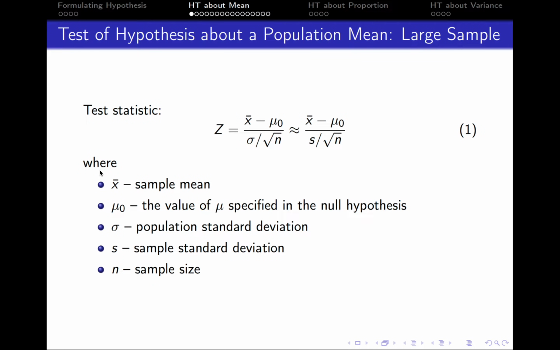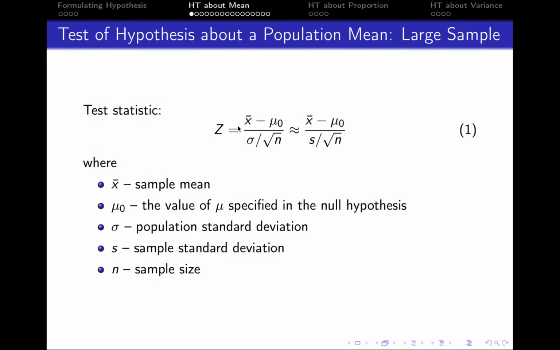Let's see how test of hypothesis can be done about a population mean when we have a large sample. To do that, we need to estimate the so-called test statistic, and for the case of population mean large sample, it is estimated in the following way.